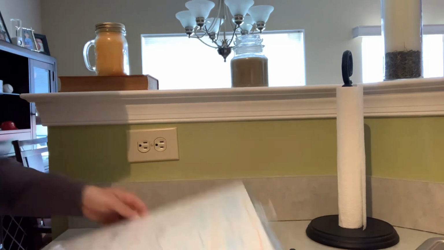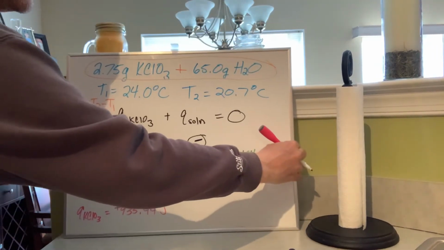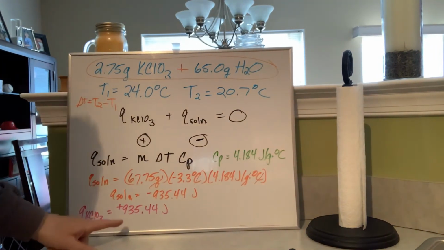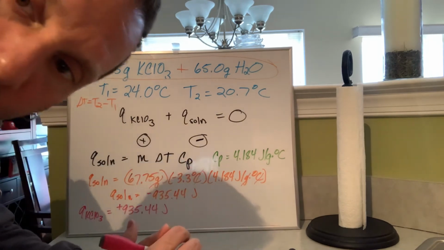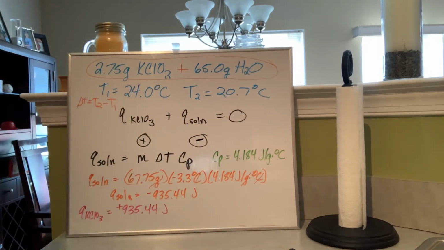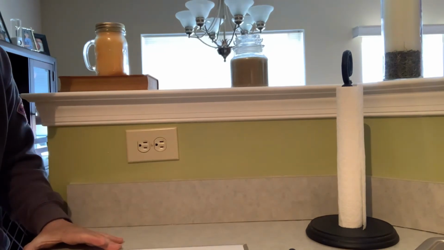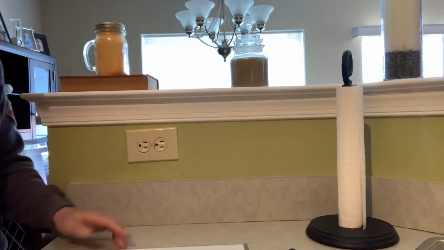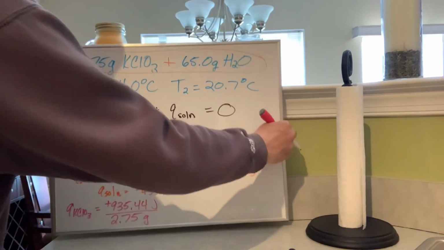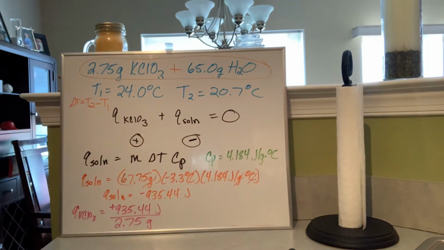That is the number of joules that was taken in by the loss of the water from the solution. So it's that many joules per 2.75 grams, right? That's the number of joules taken in by the 2.75 grams.